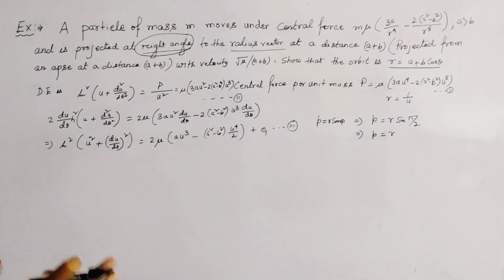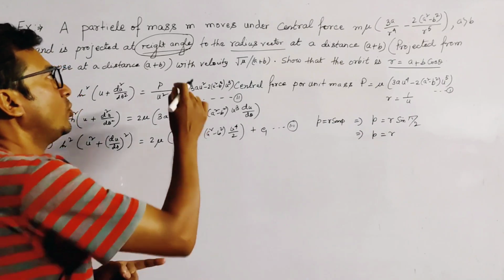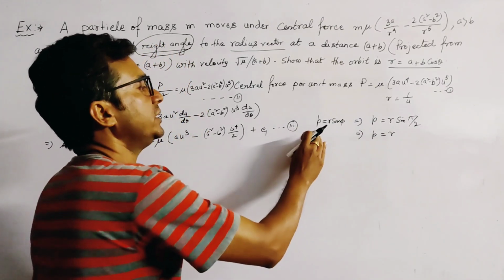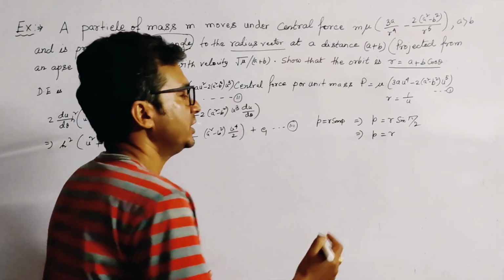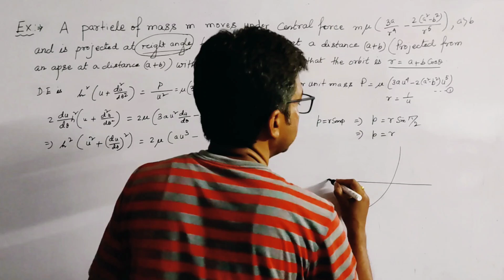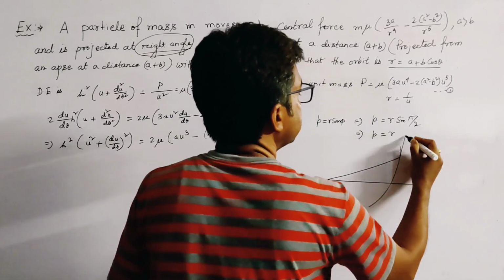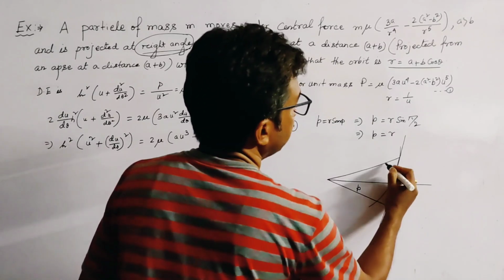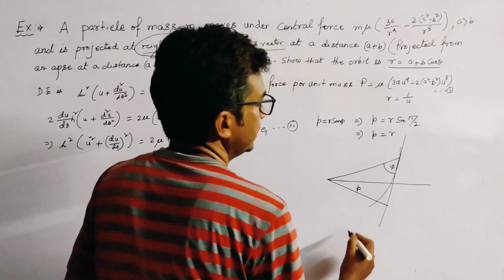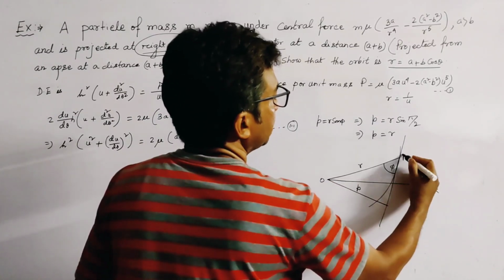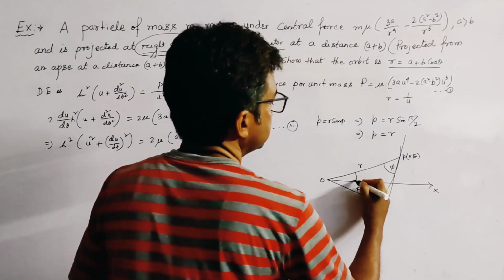When we project from the point where the angle of projection is phi, what is P? If we draw a rough sketch of the central orbit, this is the tangent and this is P, this is phi, this is r, this is O, and this is theta.